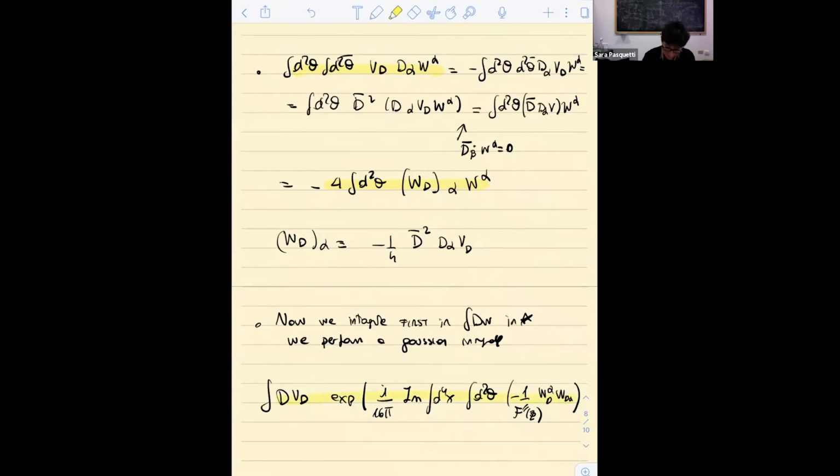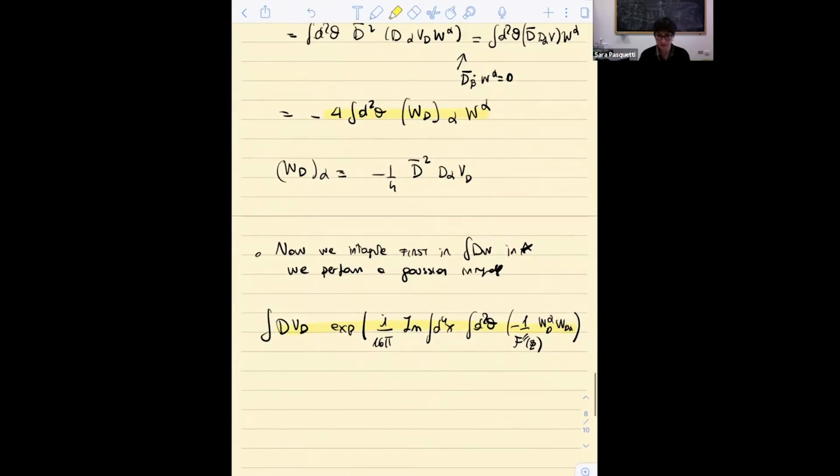Okay, so you see that what we end up with looks like the kinetic term for an N equals 2 vector multiplet, where we have the dual field strength. But the interesting thing is that the generalized gauge coupling for this theory is given by minus 1 over the second derivative of the prepotential.